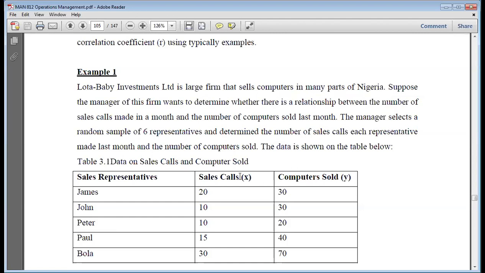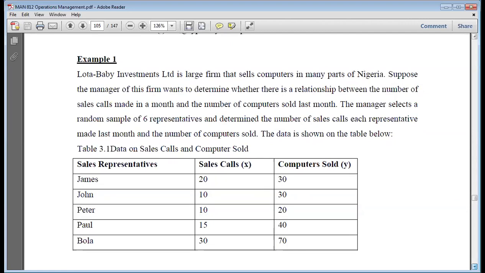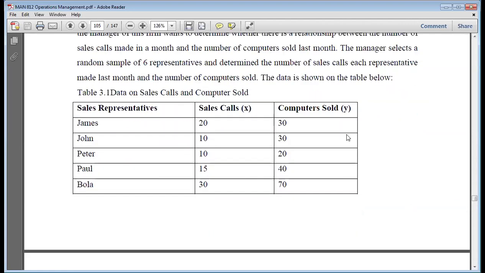This is one variable for X, and this is another variable for Y. For James, it means that the cell calls for X is 20, and this one is that. Just assuming you are given that question, what will you do? First of all, you will have this table. You will now get the X times Y variable column.